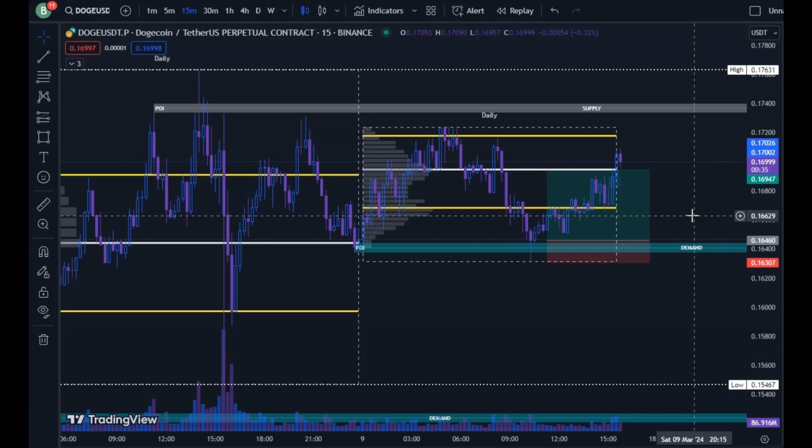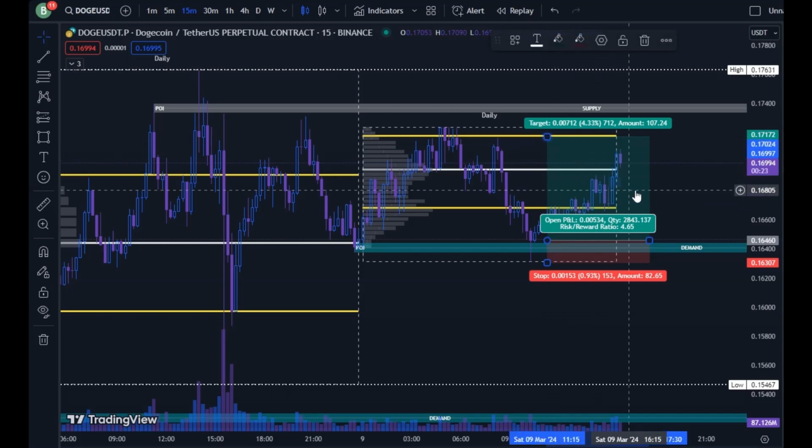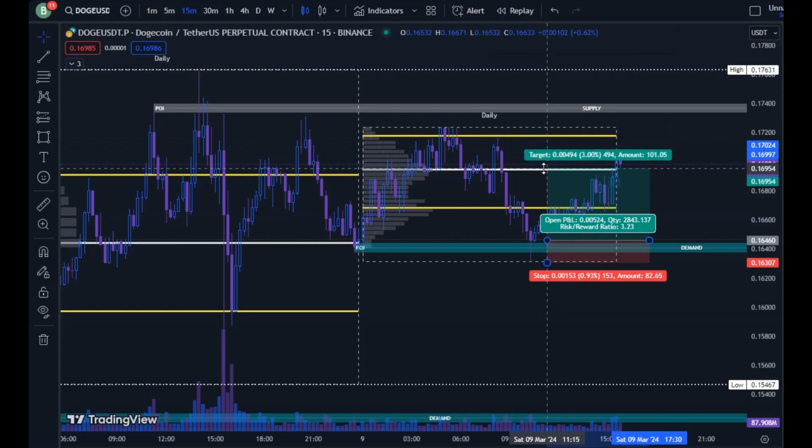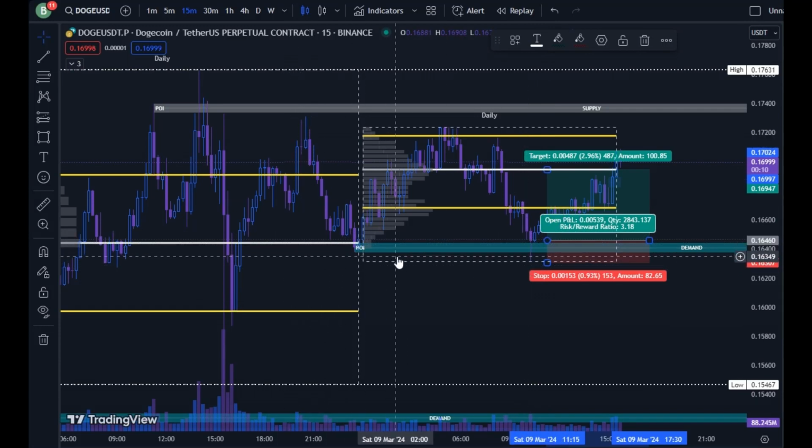There are times where I've taken trades and I'll go for the value area high, which is there, which is a 1 to 4. But to be on the safe side, I'll take the 1 to 3 from this area, which is the previous day's point of control, also a point of interest, which I've got marked out on my chart here.